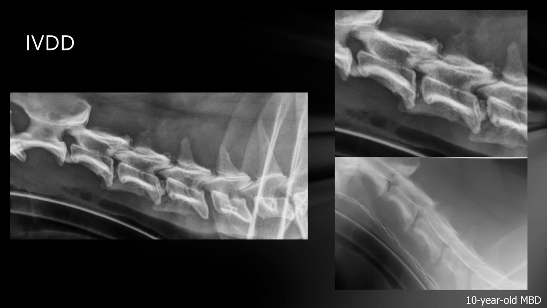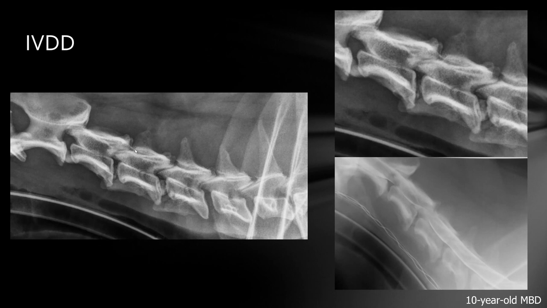Also, more so next week, we will talk about intervertebral disc disease and disc herniations, especially disc extrusions. So what we see with degenerative intervertebral disc disease, there's a mineralized disc in situ here at C4-5, but at C3-4, you also see a little bit of mineral material remaining within the intervertebral disc space, but the intervertebral disc space is narrow.